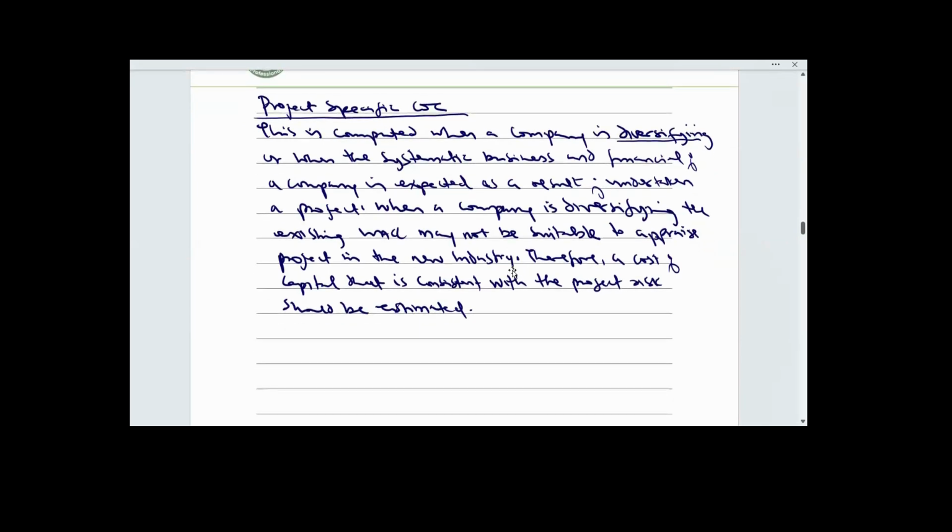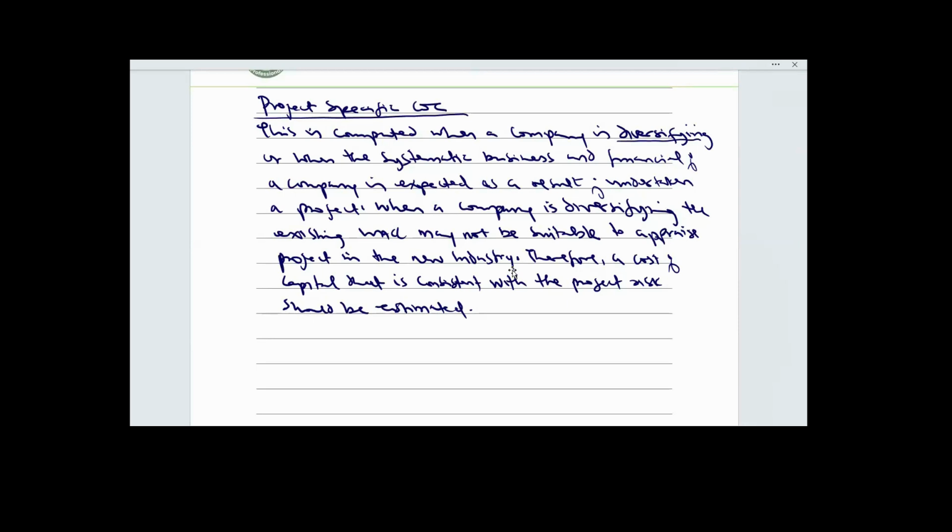Like I said, you calculate project-specific WACC if there's indication in the question that the company is diversifying, or you are told that the debt equity proportion is likely to change as a result of undertaking a project, or the business and systematic risk of the company is expected to change as a result of undertaking a project.